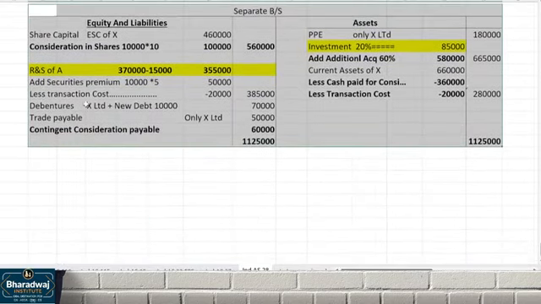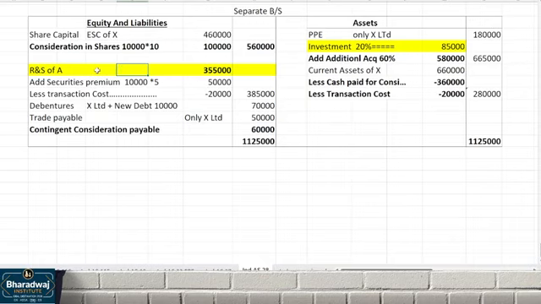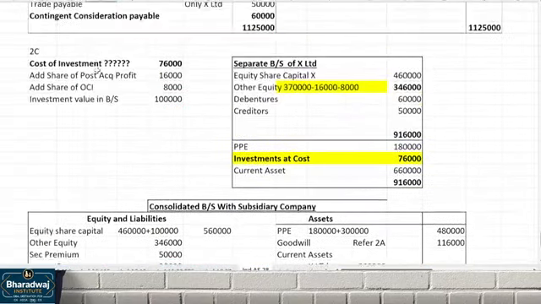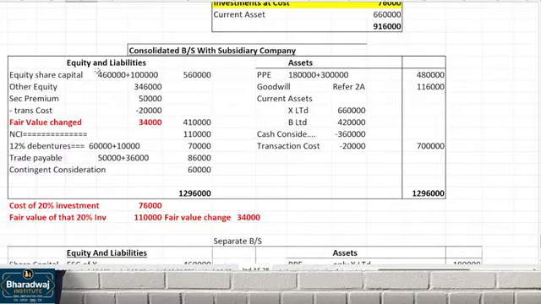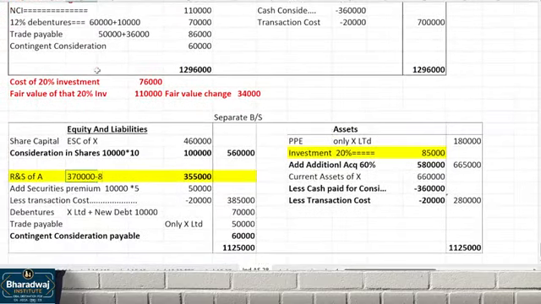What impact will it make on the separate balance sheet? Reserves and surplus will be 3,70,000 minus 8,000 minus 16,000. Eliminate those and the reserves and surplus will come. What is the reserves and surplus?